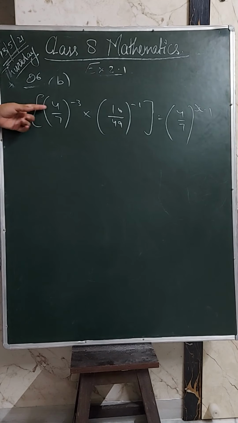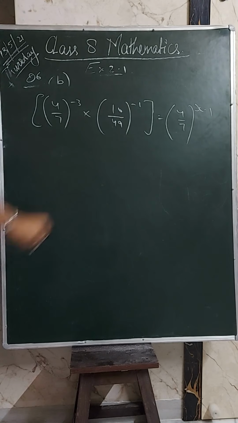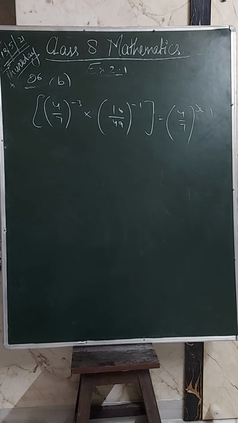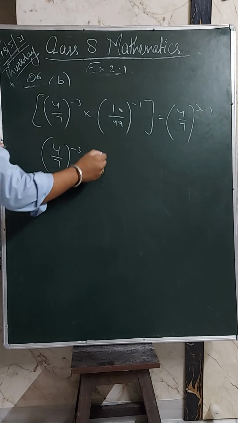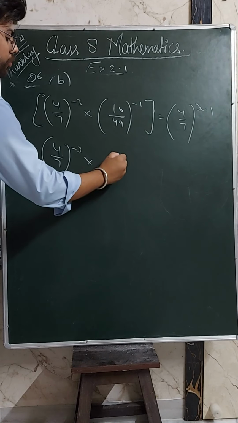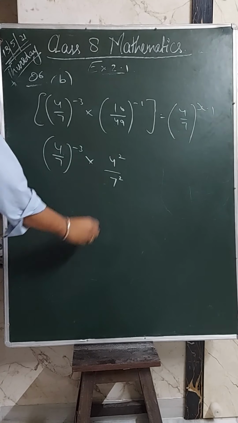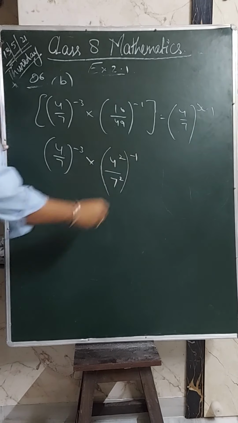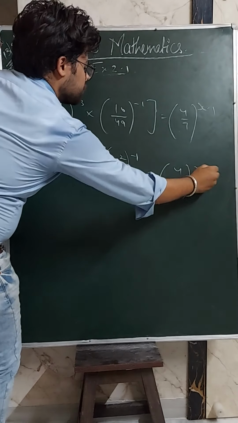Now here 4 upon 7 is there, here also 4 upon 7, here 4 upon 7, but here 4 upon 7 is not there. So we have to make it 4 upon 7. How can we make it? Now look at that. Here minus 3. What we can write? The square of 4, and this is the square of 7, and the power is minus 1. Here it is the same, only 4 upon 7 power minus 1.